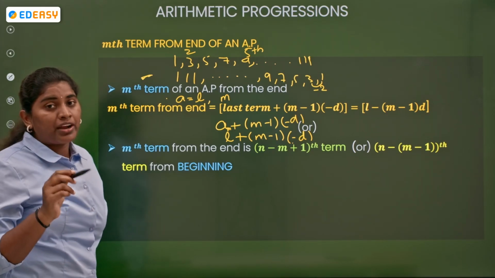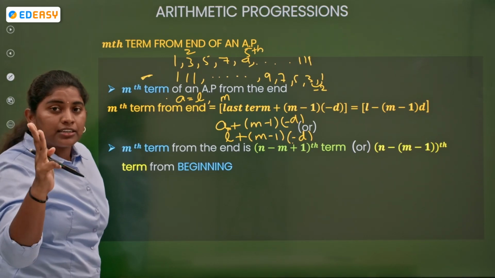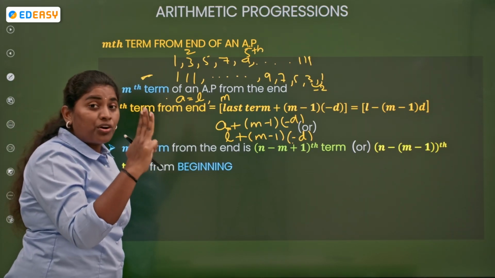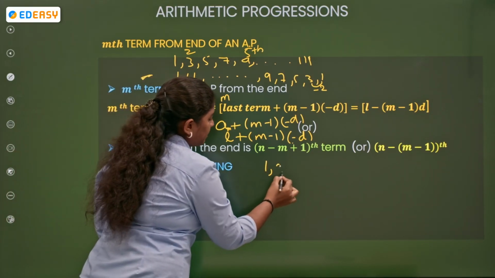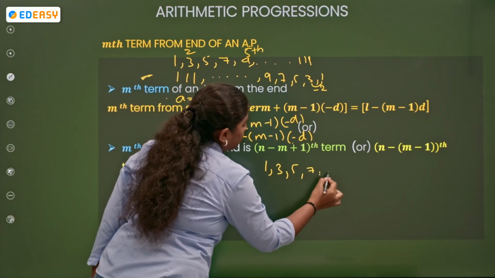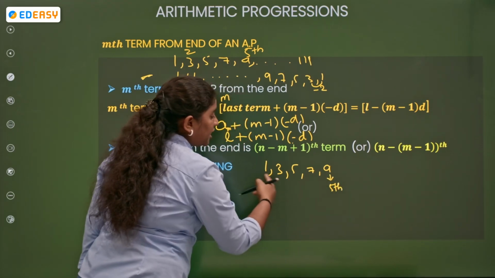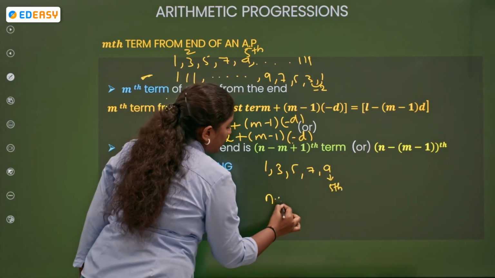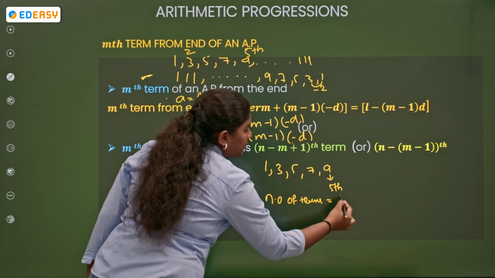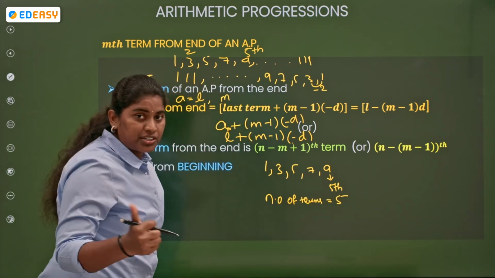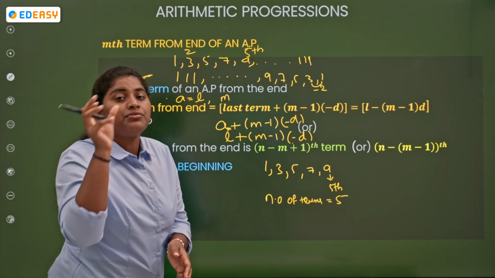I will give you an example: 1, 3, 5, 7, 9. So 9 is in your fifth position. Now how many numbers are there? The number of terms here is 5. Now I need to find the third term from the end.